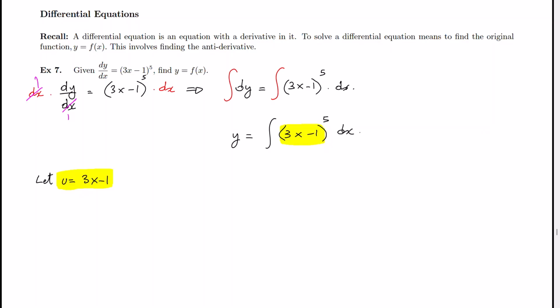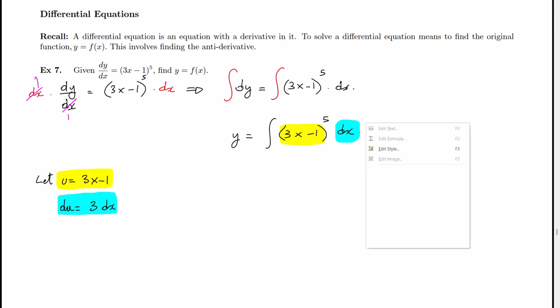And I'd like to know if this choice is the correct one. So I look for the du. What's the derivative of 3x minus 1? Well, it's 3 dx. So this is the choice that I made, and this results in du being 3 dx. Do I have 3 dx in the problem?